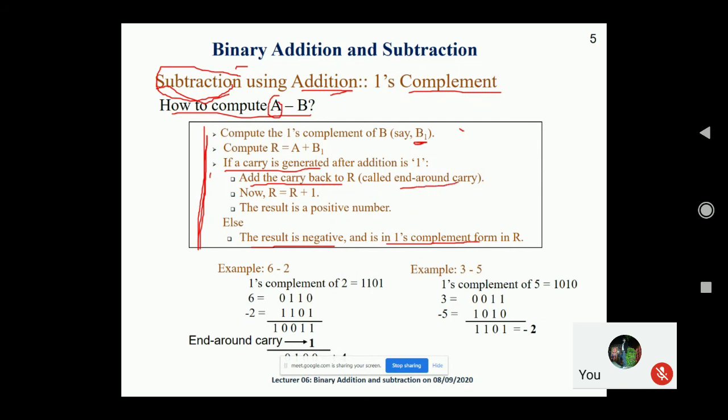This carry bit, whatever carry bit is generated, is called the end-around carry. After that, we add R with plus 1, and the result is a positive number.